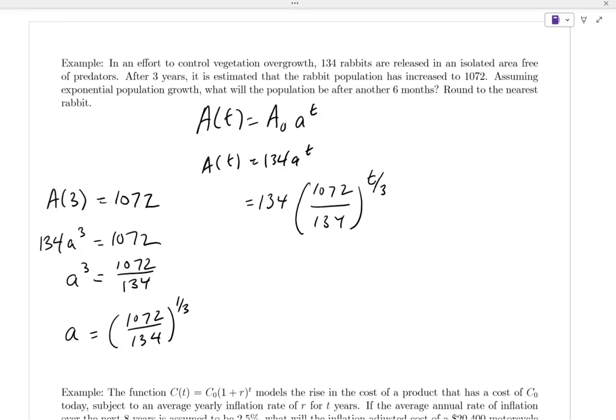If you want, you can get a decimal approximation for that and just plug it in for a. If you do that as you're going through multiple steps of the problem, I would make sure you keep as many decimal places as you can in your calculator.